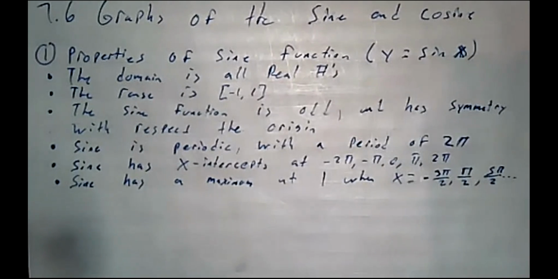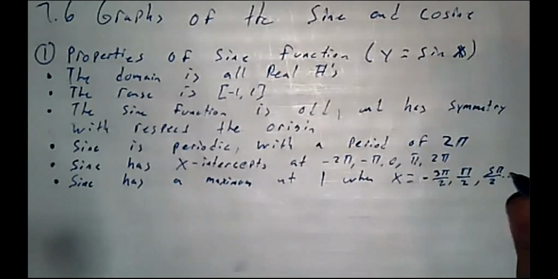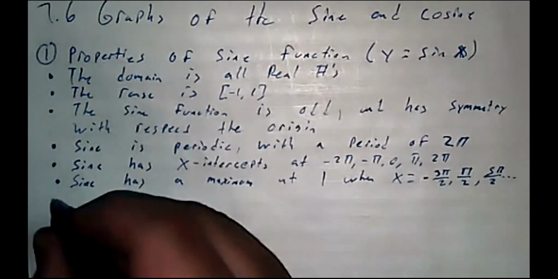As you can see the pattern, right? It's like the odd multiples. Next one would be 9 pi. Anyway, I'll show you the graph soon.